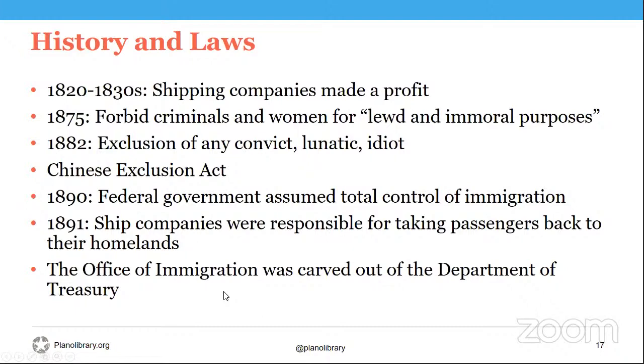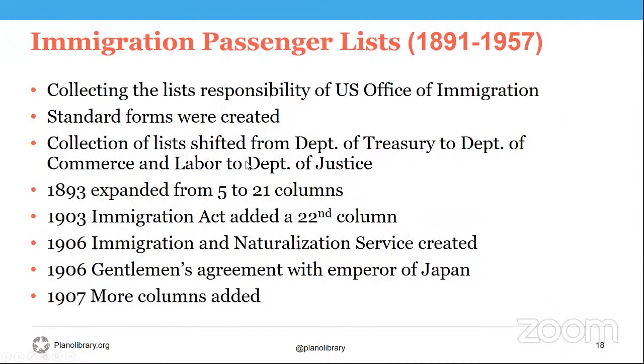In 1891, there were some new regulations and who was in charge of things, and so they became immigration passenger lists. Standard forms were created, so the earlier records were kind of scattered on the passenger list. They weren't always perfect information in nice, neat columns.